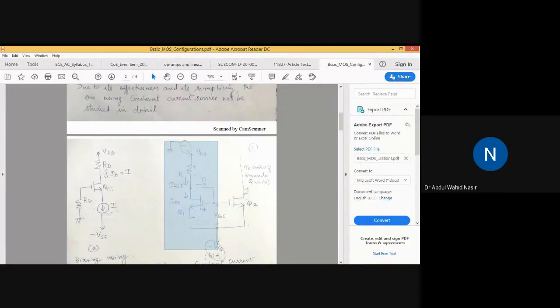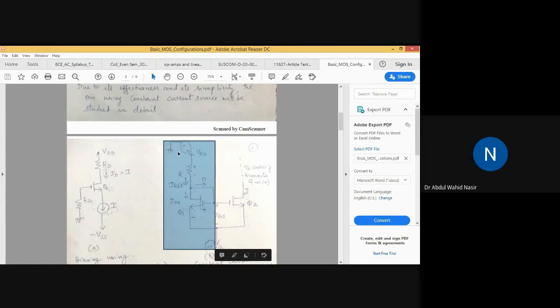If you employ KVL in this loop, what can we write for this loop, starting from here, minus to plus? It will be plus VDD. Now our direction of traversing and the current direction are the same, so it will be minus.